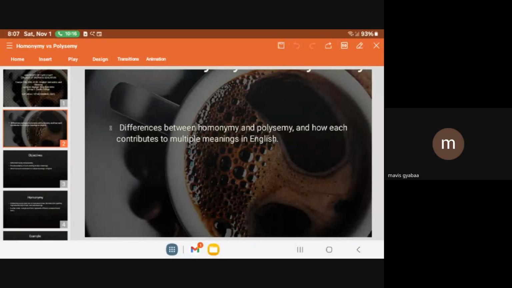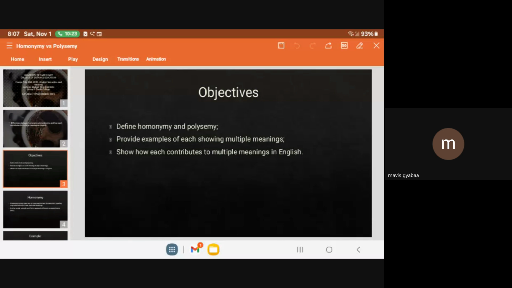I have the objectives here. In this presentation, I'm going to define homonymy and polysemy, and then I'll provide examples of each showing multiple meanings and show how each contributes to multiple meanings in English.